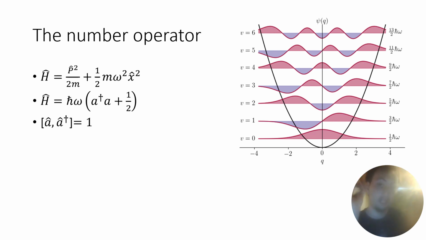And what even here A does is A removes a particle of energy from our system, so we can think of it as essentially destroying particles of energy, whereas A dagger creates a particle of energy in our system, so we can think of it as causing particles of energy to come into existence.